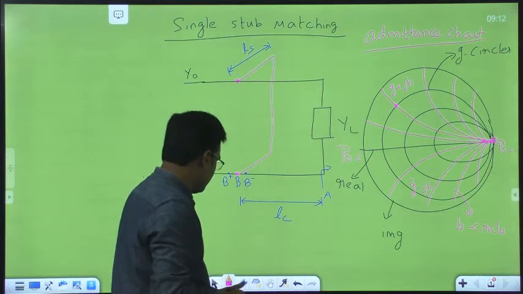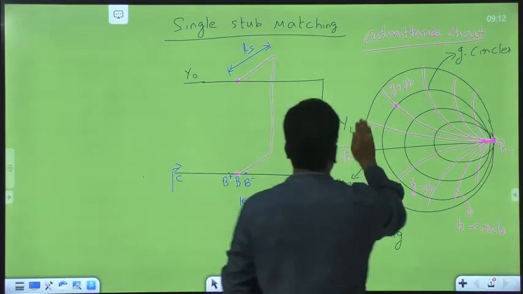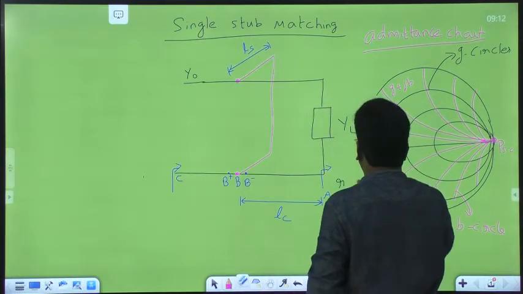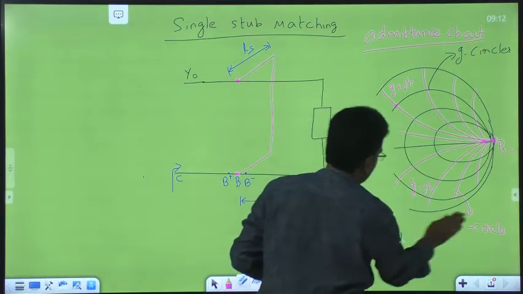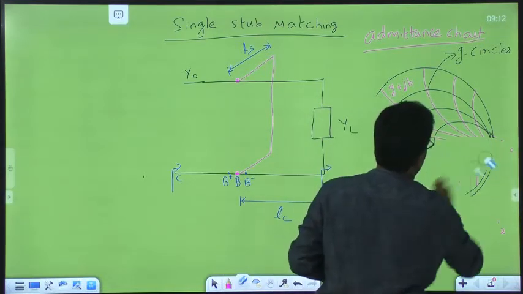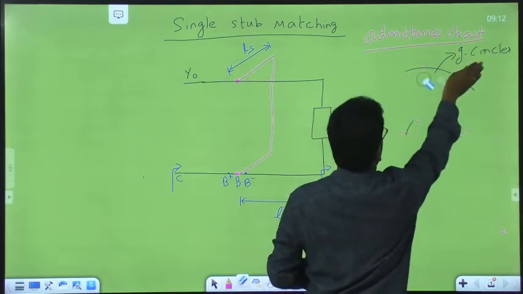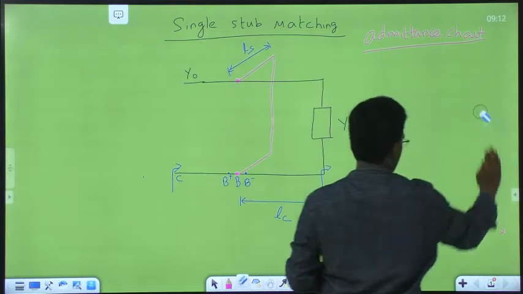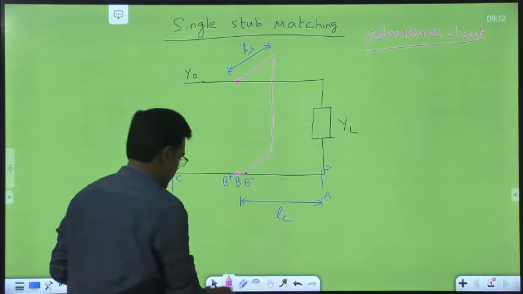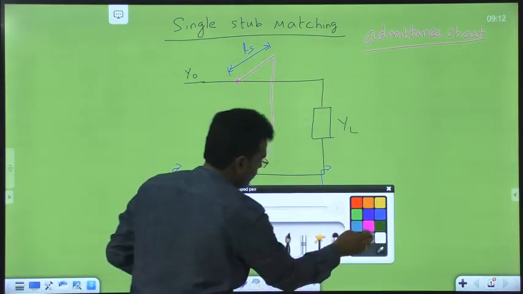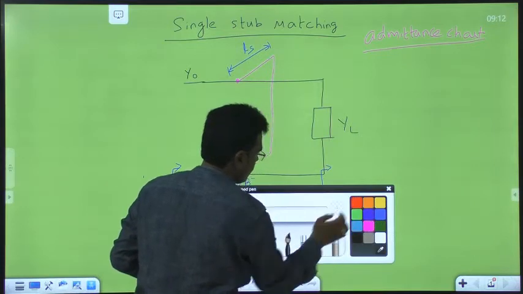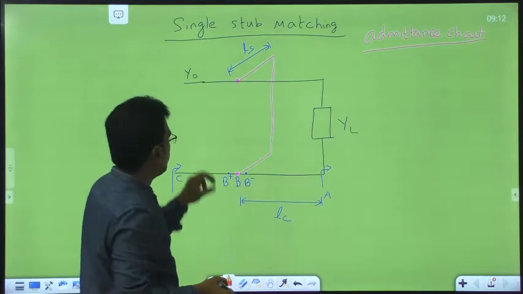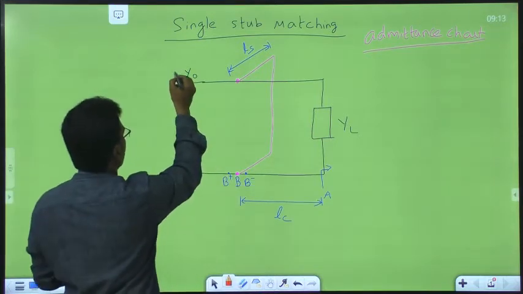Before starting with the Smith chart, we have to discuss one more point, analytically. Since I am speaking about the normalized chart, you should write in terms of normalized values.